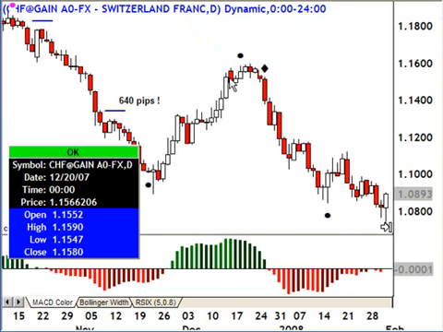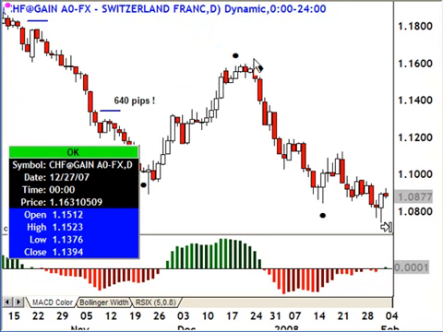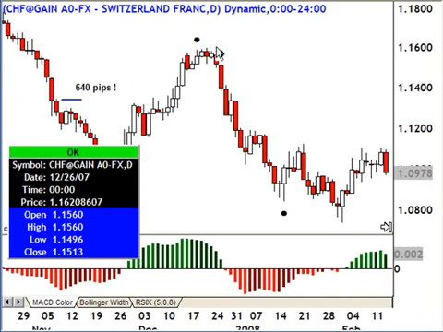If you had simply waited, you would have entered on the super dot sell signal that appeared on this candle here. So let's take the worst case scenario and assume that you waited until this super dot sell signal. We hover our mouse over that, and you can see that the low of that candle reads 1.1376. So we would have entered at 326. We would have had a sell stop order resting at 326.